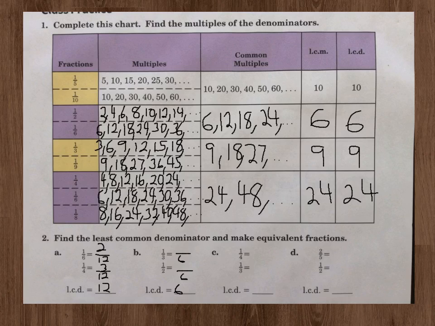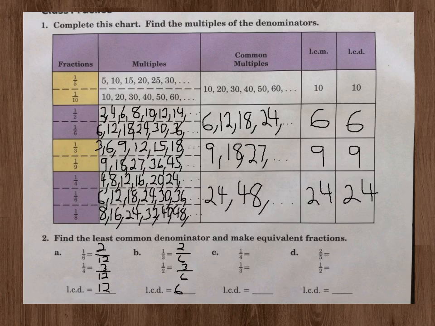So I'll do 1 times 2, and 1 times 2 gives me 2. 2 times what equals 6? 2 times 3. So if it's times 3, I'm now going to do 1 times 3, and that equals 3.